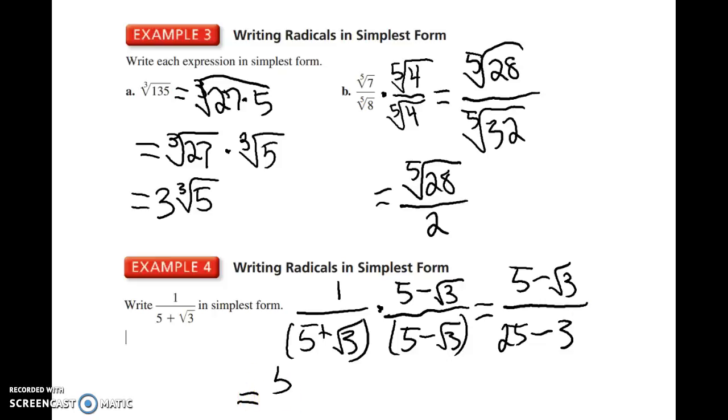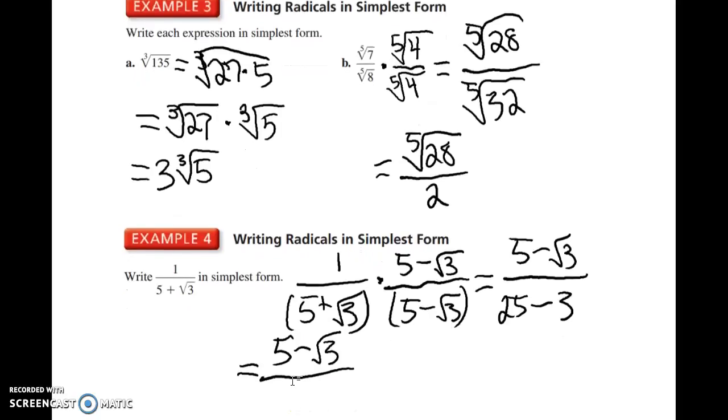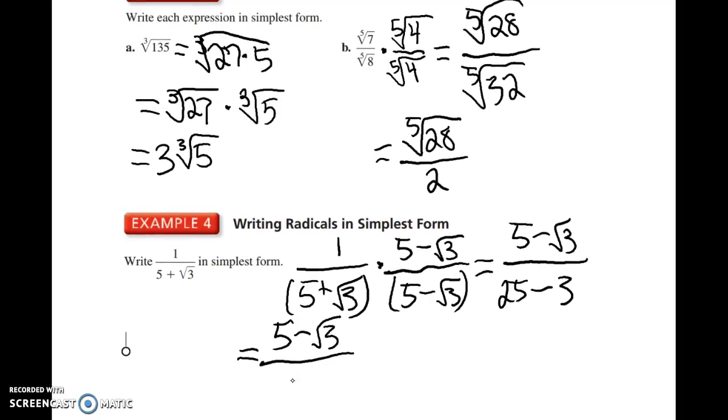From here, I can say 5 minus the square root of 3 over, what would that be? 2. Oh, 22. What am I thinking? And this would be my final answer.